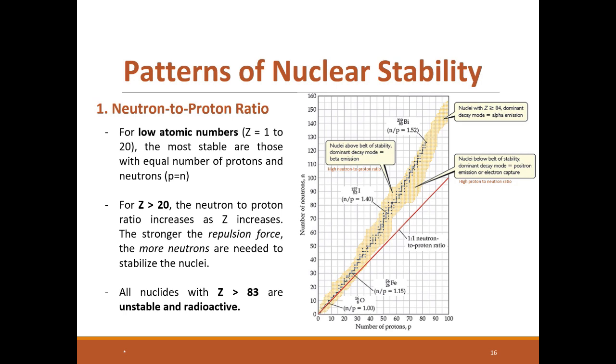This deviation at higher atomic numbers arises because a larger number of neutrons is needed to counteract the strong repulsion among the protons and stabilize the nucleus. Thus, all isotopes of elements with atomic numbers higher than 83 are unstable and radioactive.